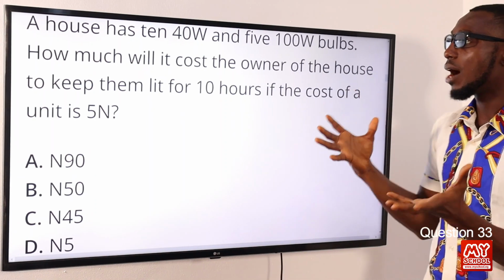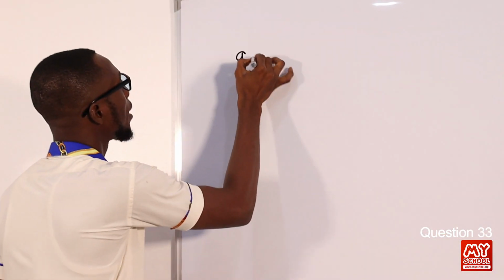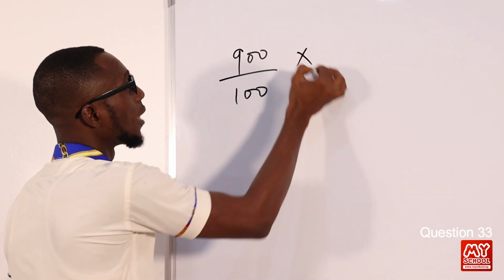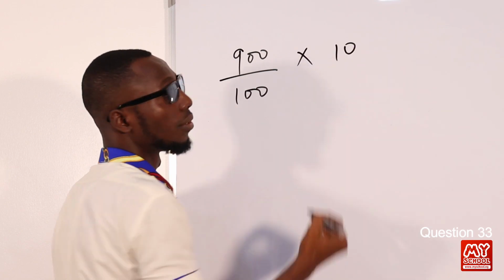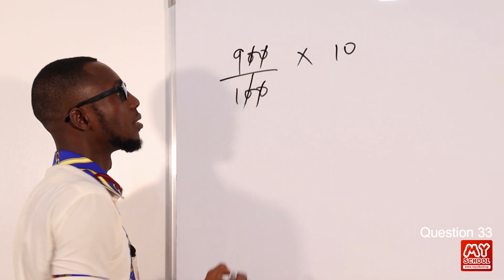So we have 900 watts to be lit for 10 hours. We just have to bring this energy to kilowatt-hours. To convert 900 to kilowatts, we divide by 1000, then multiply by the hours, which is 10. 0 strikes out 0, 0 strikes out 0.